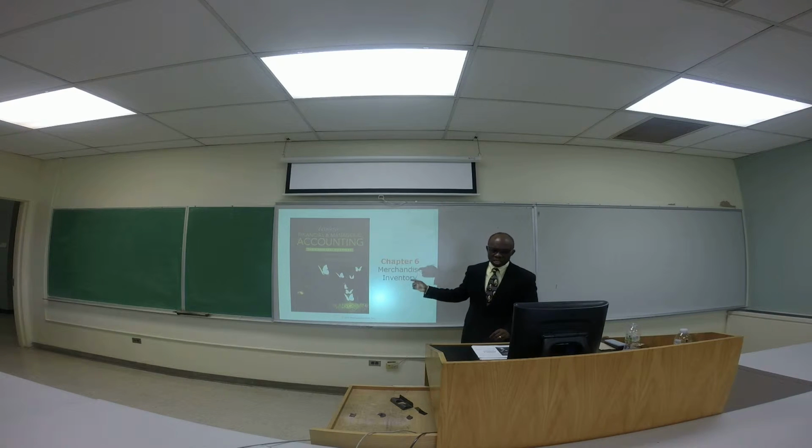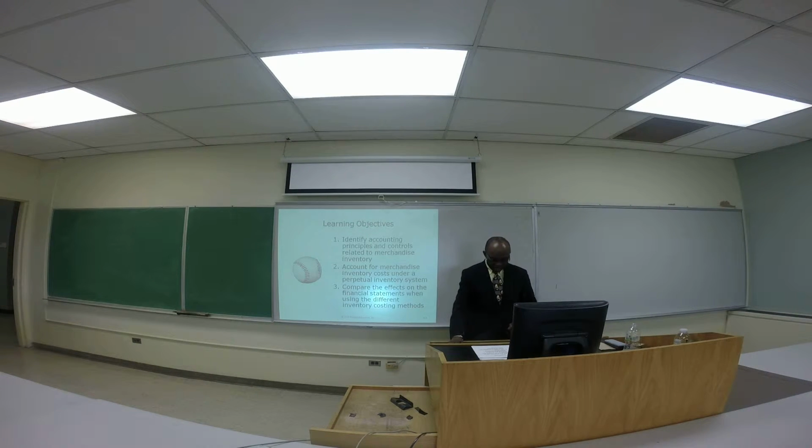So in this case, chapter 6 zeroes in on merchandise inventory. Merchandise inventory is an asset. It is reported on the balance sheet, and we are going to talk about the related accounting principles or rules, how to apply them for the preparation of financial statements. So that is the overview of chapter 6.